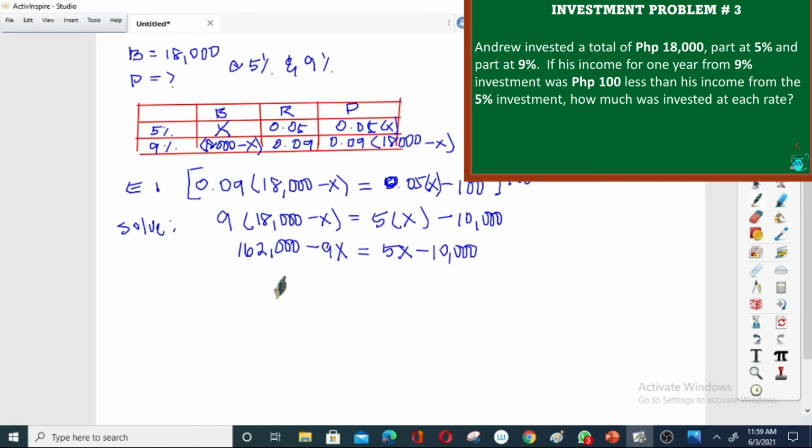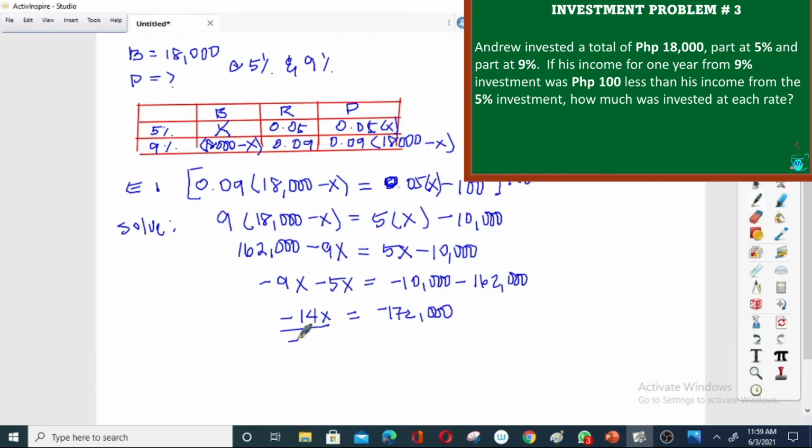Let us transpose 162,000 to the right, and 5x to the left, which becomes negative 5x. So negative 14x is equal to negative 10,000 minus 162,000. Since they are both negative, we just have to add. So negative 14x is equal to negative 172,000.